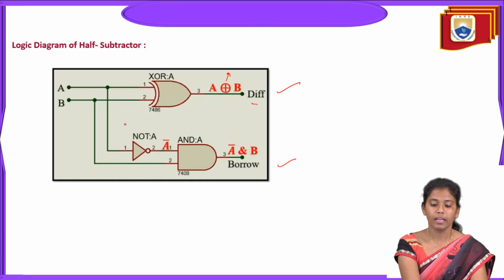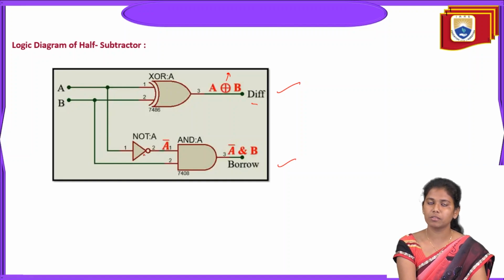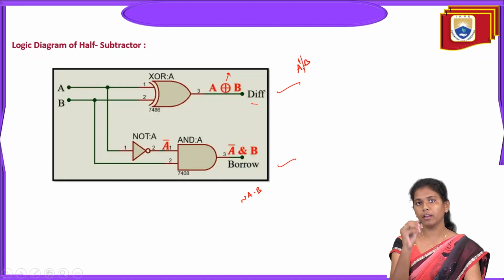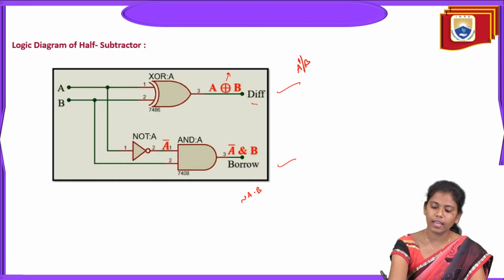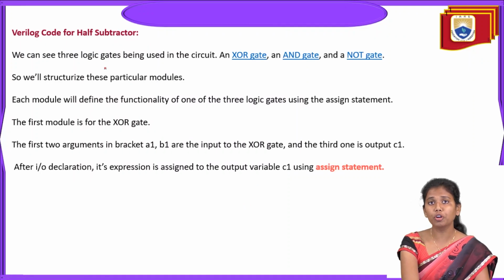The borrow is A bar dot B. So this is the XOR.